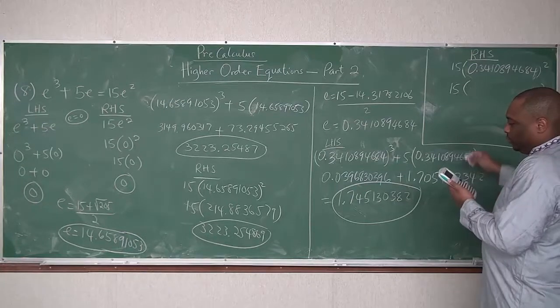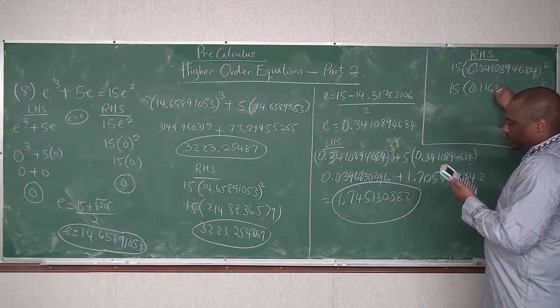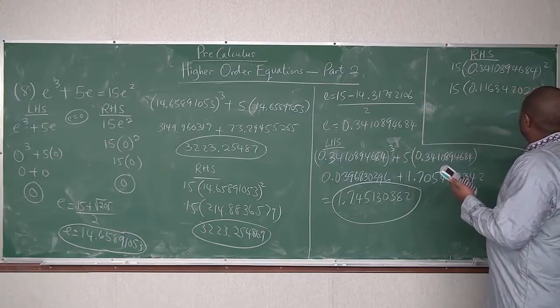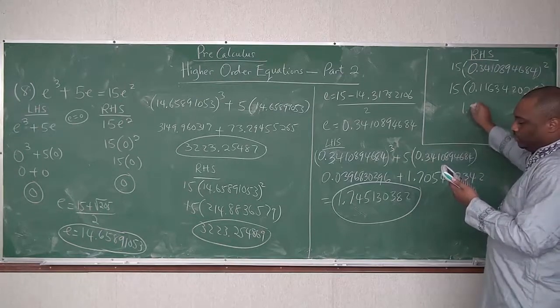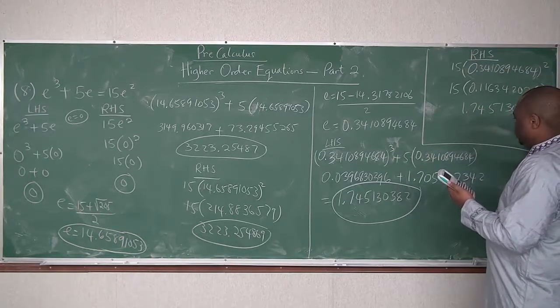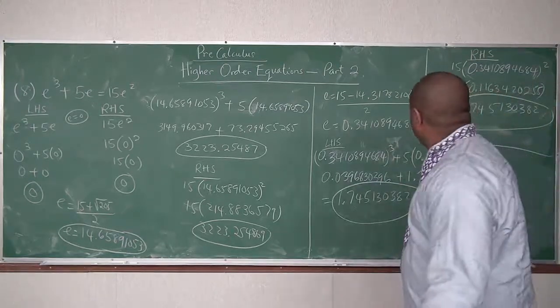Meanwhile, the squared is 0.1163420255. Then this is 1.745130382. Yours should be correct. Okay.